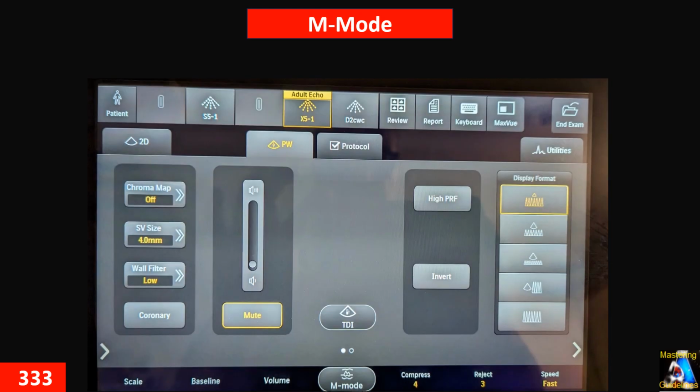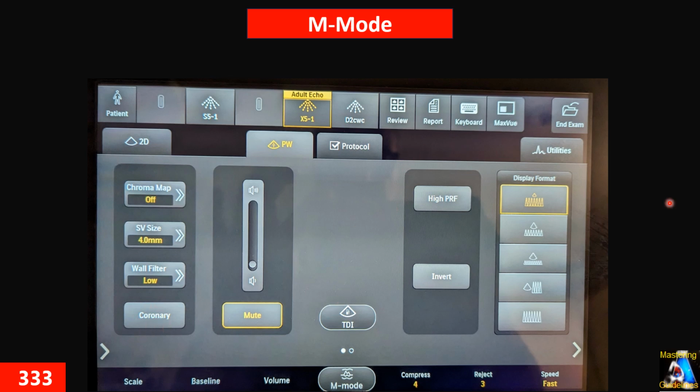In the previous one, I forgot about the coronary option. If it has been set up in your machine, we can use this coronary option. It changes frequency, wall filter, gain, and is specialized for detecting color Doppler on the coronary artery, especially those in pediatrics. We use it a lot.